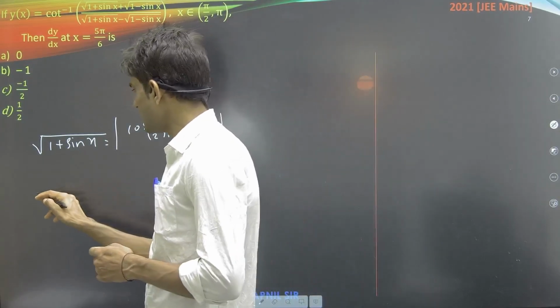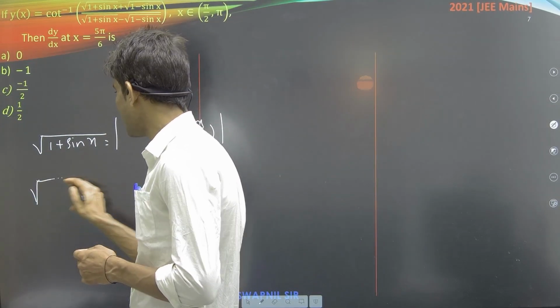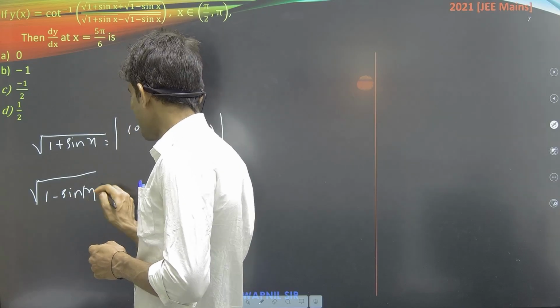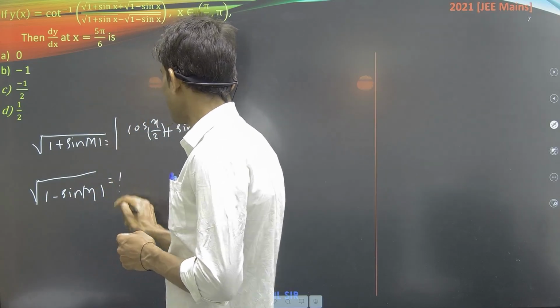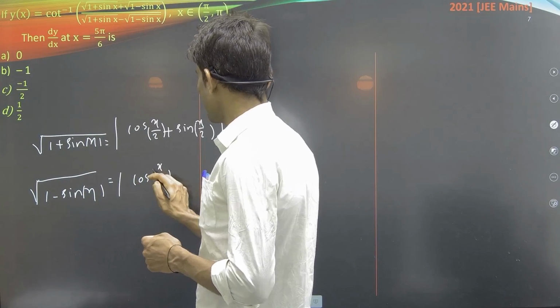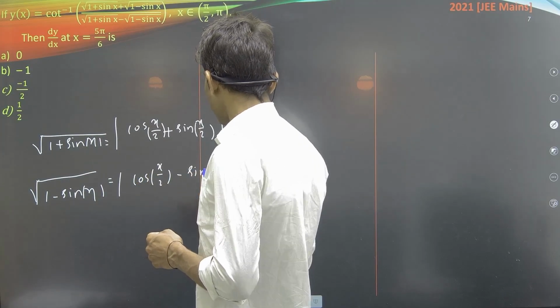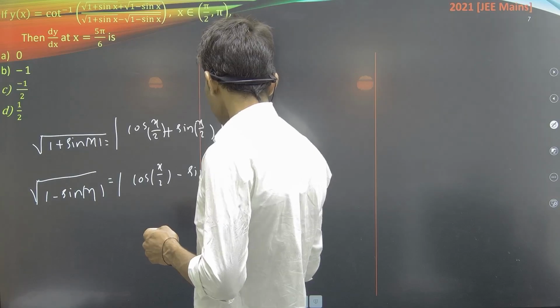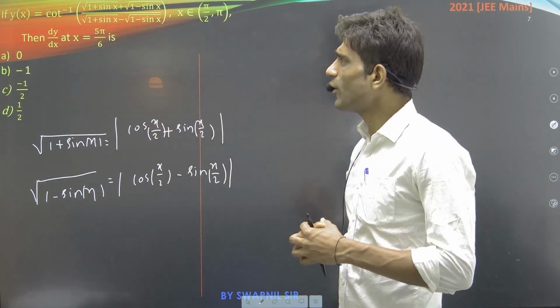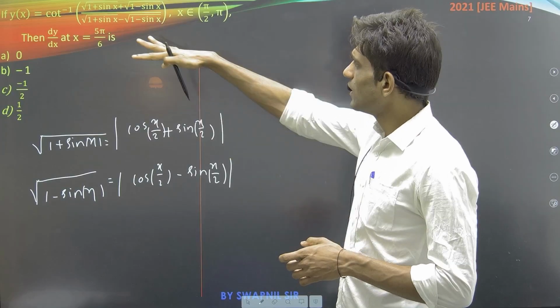Again, if we take the modulus, square root of 1 minus sin x can be written as under modulus cos of x by 2 minus sin of x by 2. Now substitute both of these values in our y of x, you will get the required values.